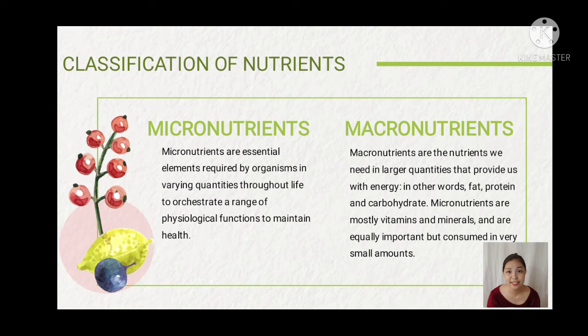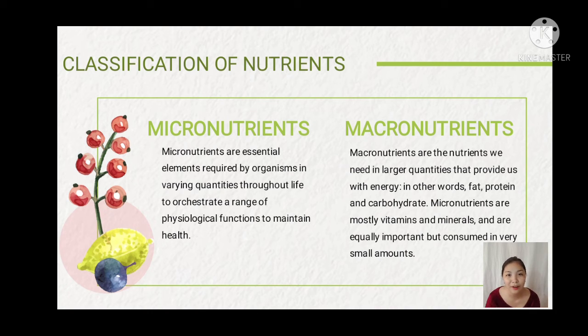Classification of nutrients. There are 2 classifications of nutrients: the micronutrients and the macronutrients. First, I am going to discuss what micronutrients are all about. Micronutrients are essential elements required by organisms in varying quantities throughout life to orchestrate a range of physiological functions to maintain health.